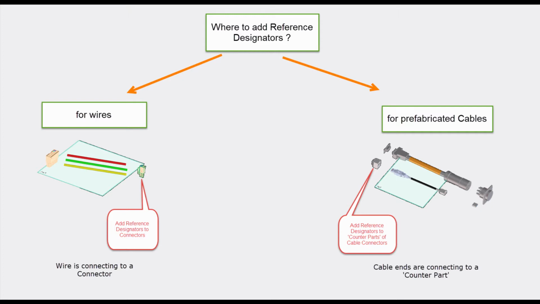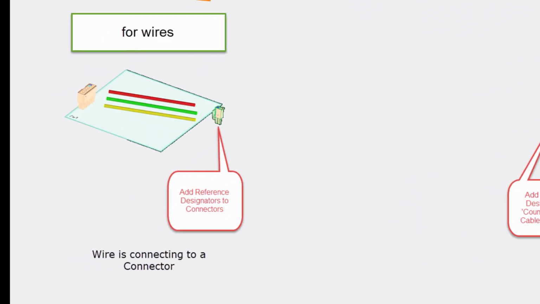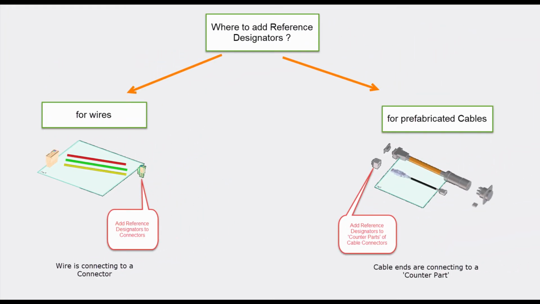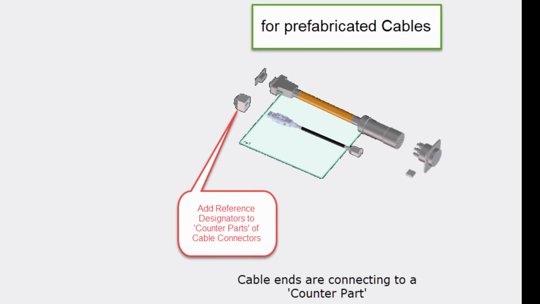But there is a difference between wires and cables. If you are creating wires, your wires are connected directly to the connectors. In this case, the reference designators should be on the connectors itself. But when we are using prefabricated cables, the prefabricated cables already have their end connectors prefabricated together.